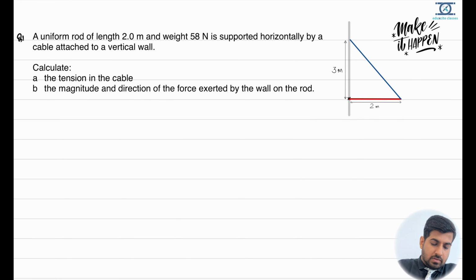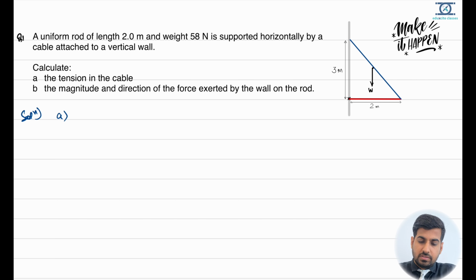Okay, so if you look at the A part, first of all we should know how the forces are acting in this particular situation. So if I want to draw the first force, what I can say by looking here is that the weight of the rod will be acting vertically in the downward direction, right?